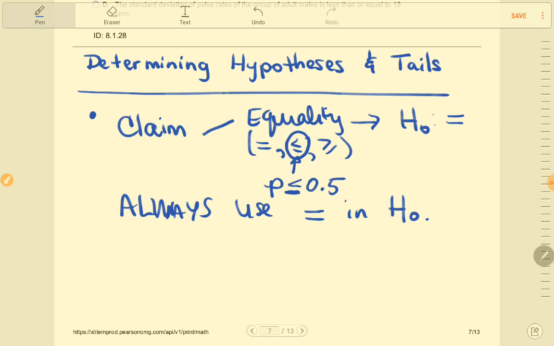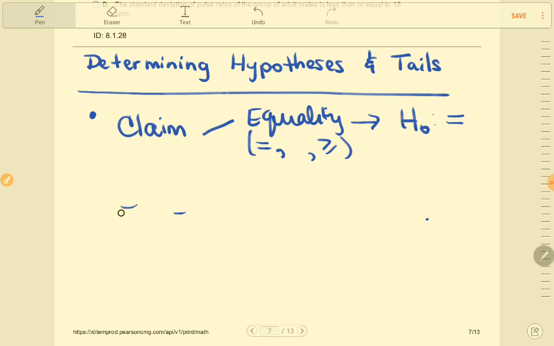Okay, now, when that happens, the alternative has to be the complement of the claim.